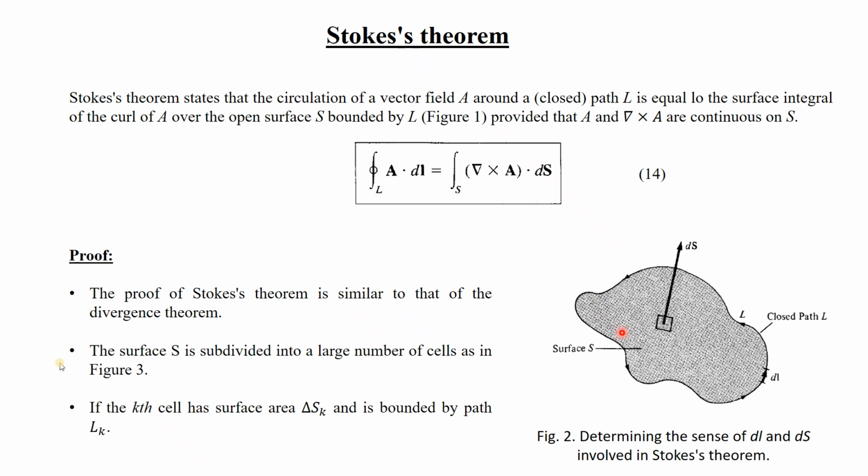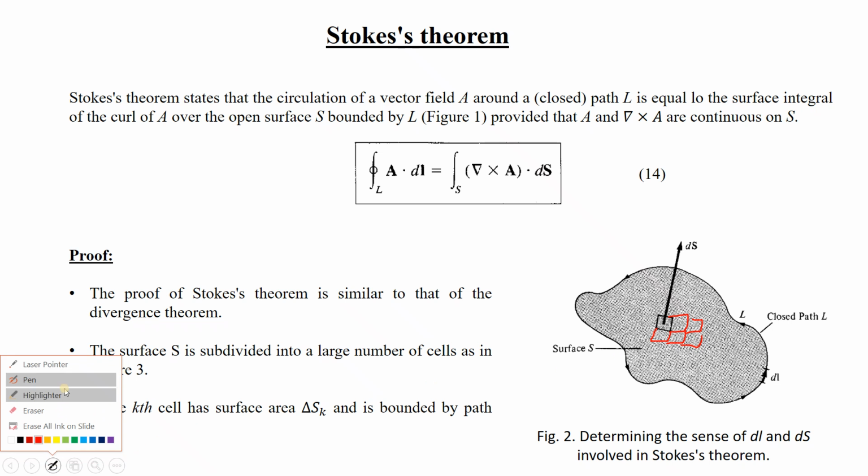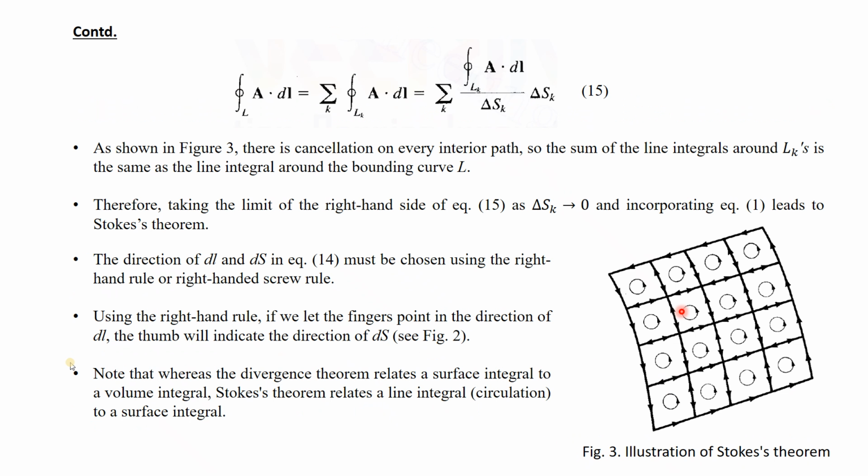If you take an open surface, obviously there is a closed path, and the total surface area is capital S, and the total length of the closed path outside boundary is capital L. Now if you take small segments, the total area is divided into small segments, each segment having some length delta L, and area delta S or ds.